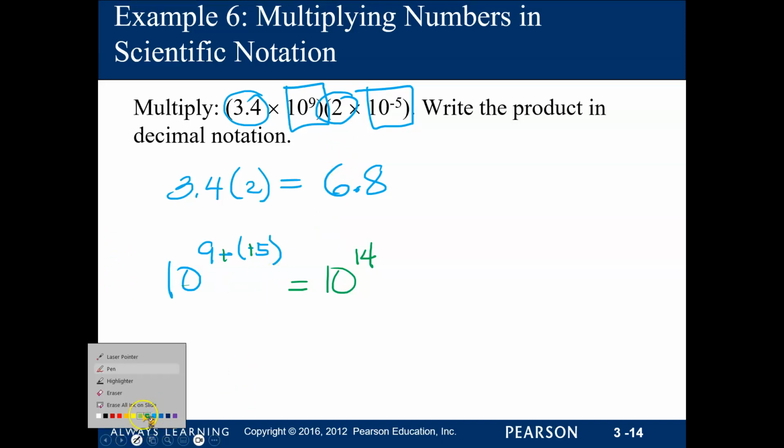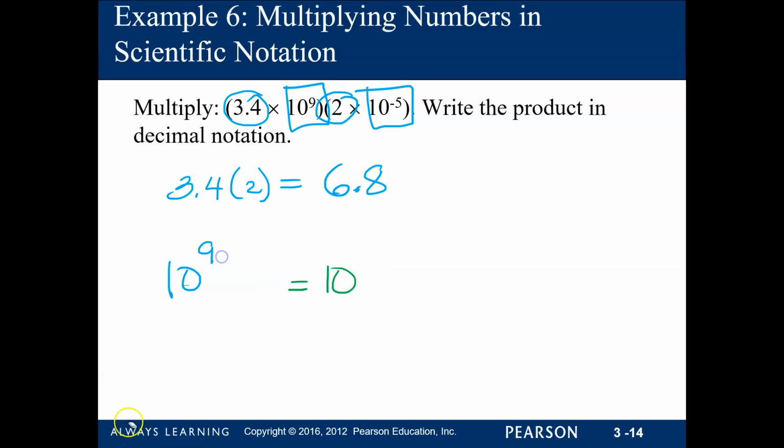We're not subtracting. Let me erase that part. We are supposed to be adding. Let me correct myself. So we are adding the negative 5. Okay. So 9 plus negative 5 will give us 10 to the 4th power.